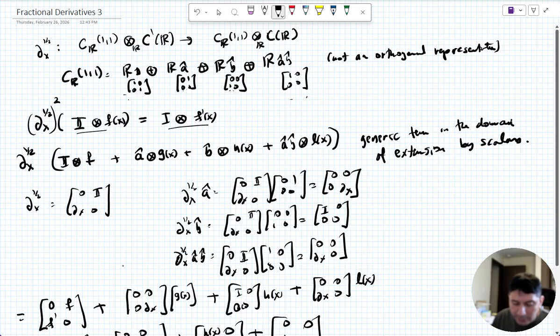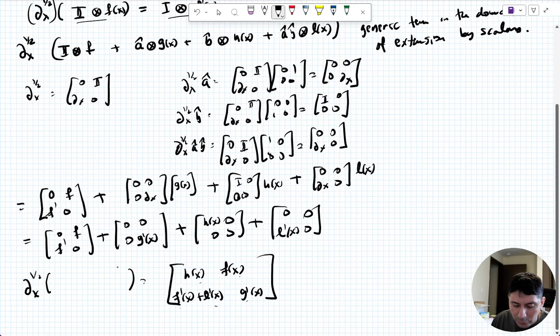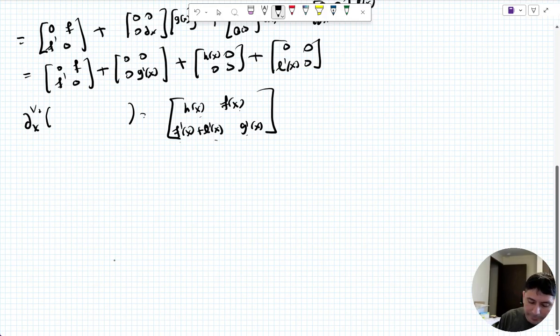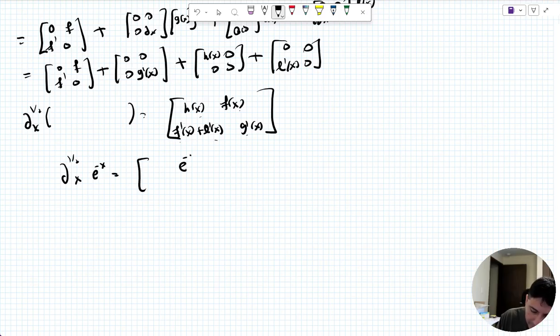Now let's consider what happens when we do e to the minus x, right? The fractional derivative is given by e to the minus x minus e to the minus x 0, right? Which is equal to, I can pull out the e to the minus x, and I get 0 minus 1, 1.